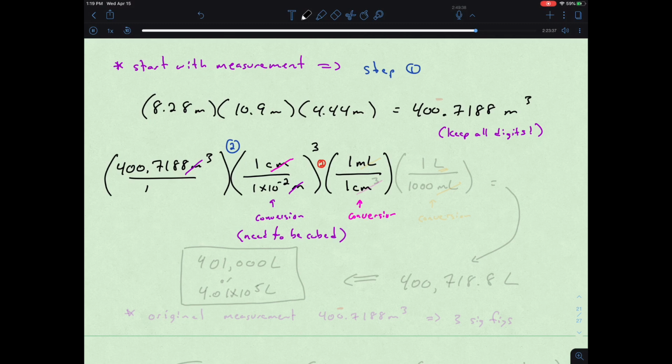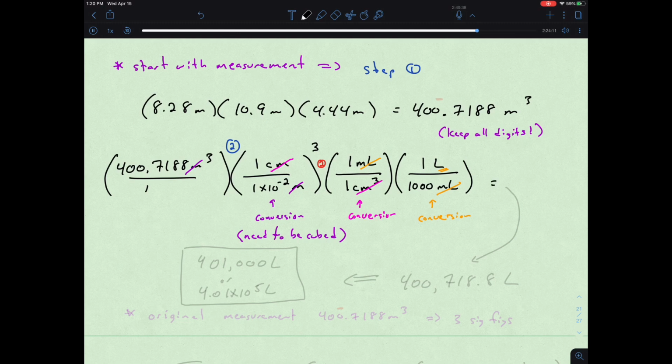So we've now, that should be centimeters cubed. I apologize. 1 centimeter cubed is a milliliter. So that is canceling out. And now we're going to the liter unit. There's 1,000 milliliters in a liter. And so that is our last conversion to get into the proper units of liters.